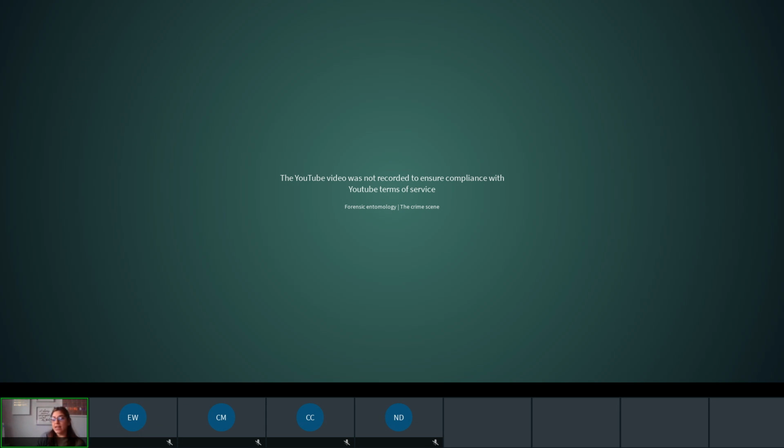Don't forget, I didn't mention this earlier, but I should have. Forensic entomologists can also determine whether a body was moved. They can do that by looking at the different species and the different variations, because we know that different animals or organisms have different traits and features that better suit their environment.